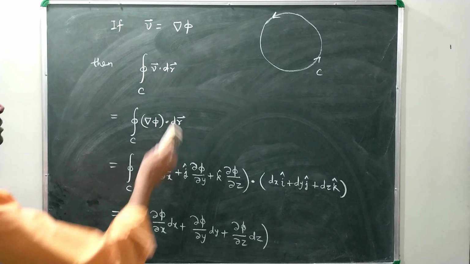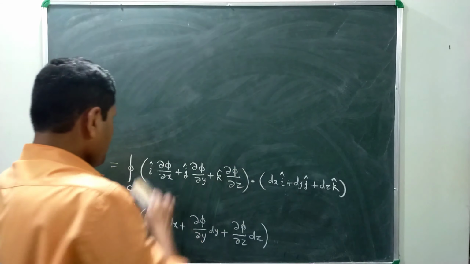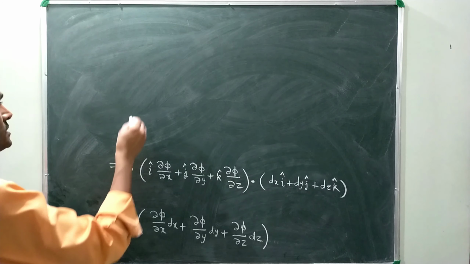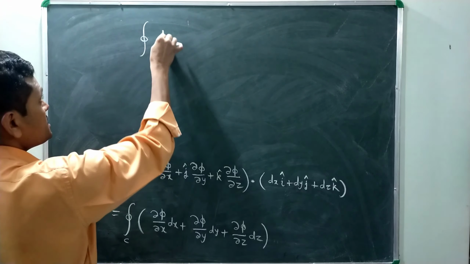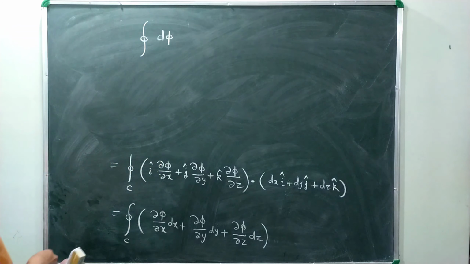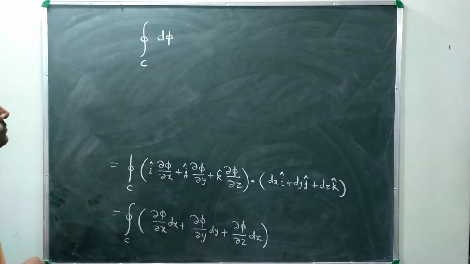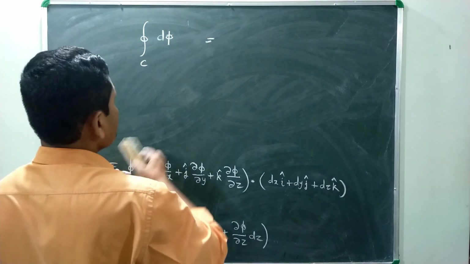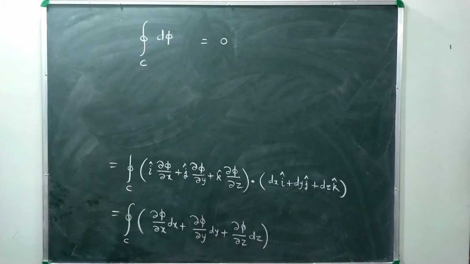Now from the theory of partial differentiation, we may write that this expression may be written as d phi. We have seen this thing in our first and second lecture on partial differentiation. So this may be written like this, and what is the value of this integral? This integral will be equal to 0.